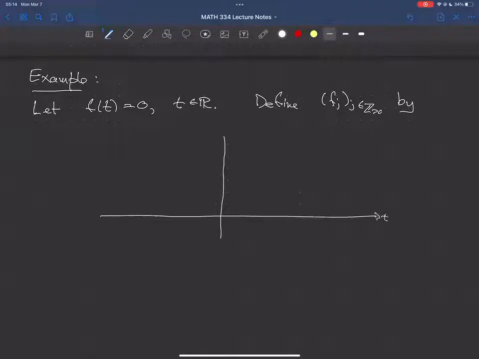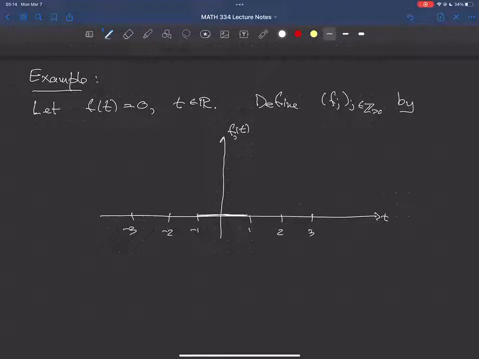Here's -1, 1, 2, 3, and so on. So f_1 is going to look like this.